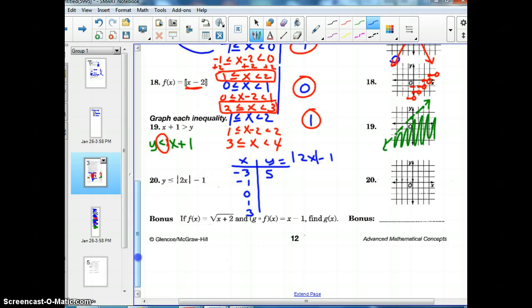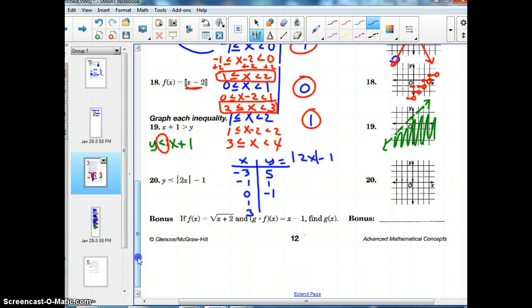Substitute -1 in for x, 2 times -1 is -2. The absolute value of -2 is 2, and then 2 minus 1 is 1. And then substitute in 0. I'll have 0 minus 1 is -1.